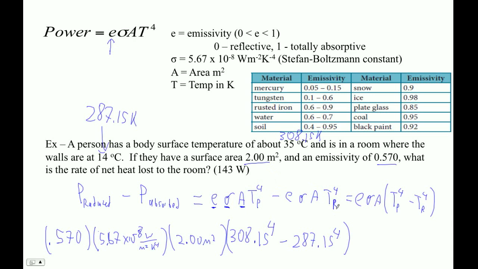So 0.57 times 5.67 e to the minus 8 times 2 times parentheses 308.15 raised to the fourth minus 287 raised to the fourth. I get 143.36 watts.